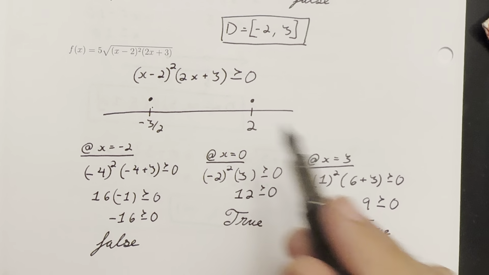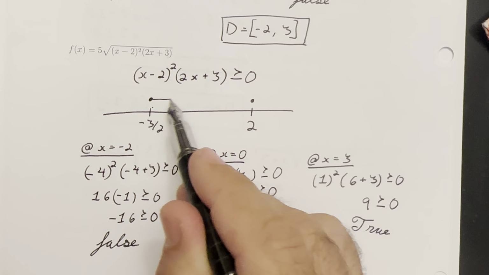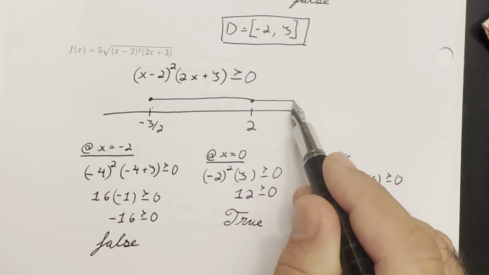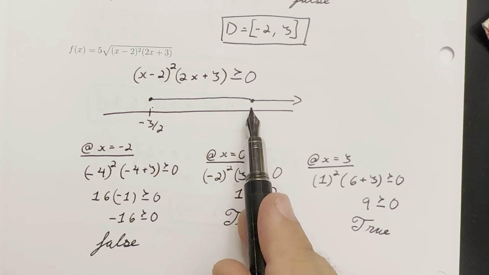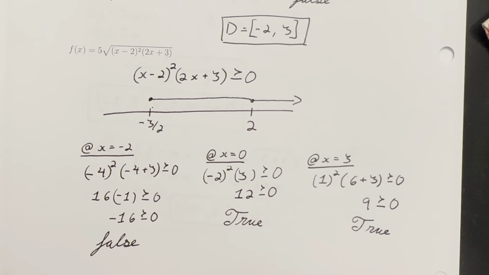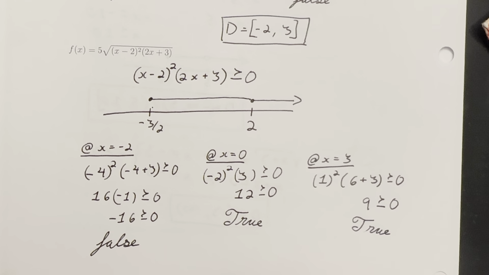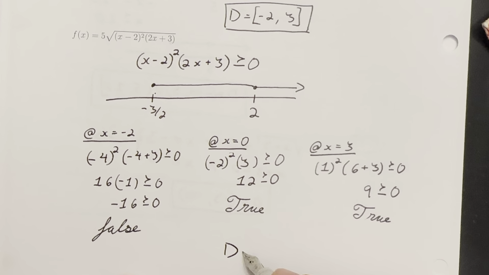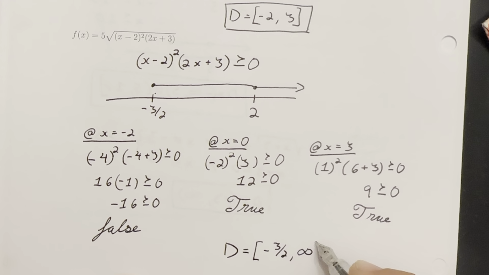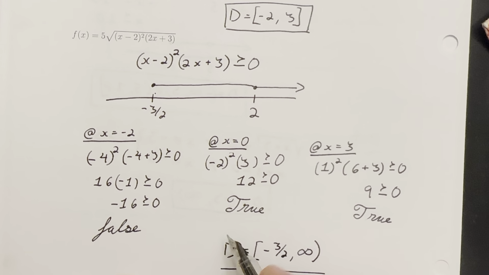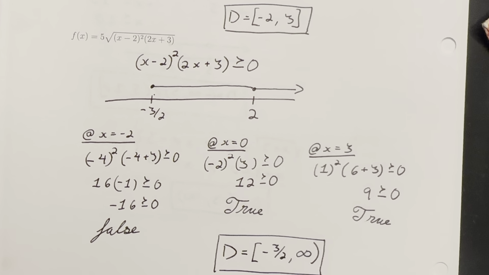So that is a true statement. So this was true, and then that was true. There is no need to break this up at 2, so we would say the domain is simply negative 3/2 up to infinity. And that is our domain for that function.